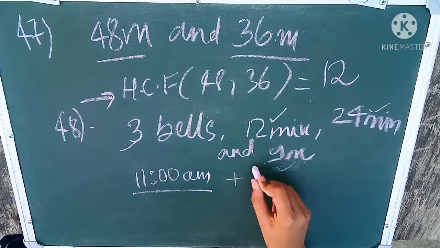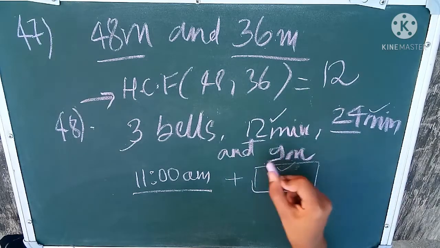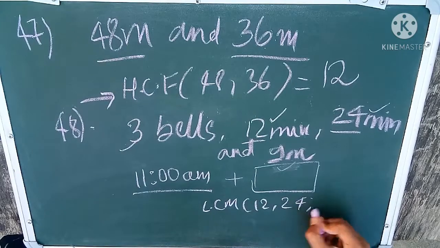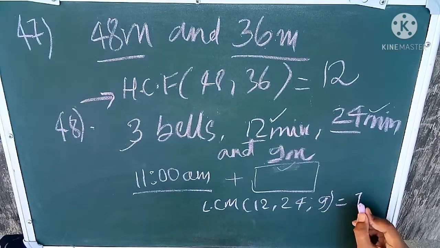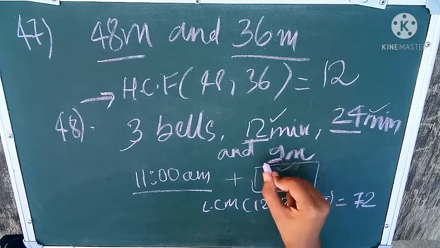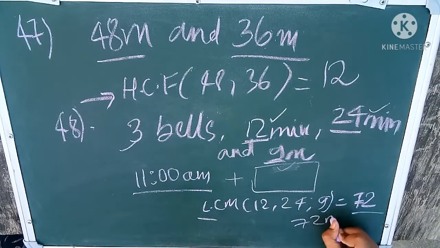To find the next timing, we need to find out the LCM of the given minute intervals, that is the LCM of 12, 24 and 9, which will be equal to 72. Because whatever the next timing will be, it will be a multiple of these numbers 12, 24 and 9. So for that it is necessary to find the LCM here. Now we know that it is equal to 72 minutes. So after 72 minutes it will toll together again.